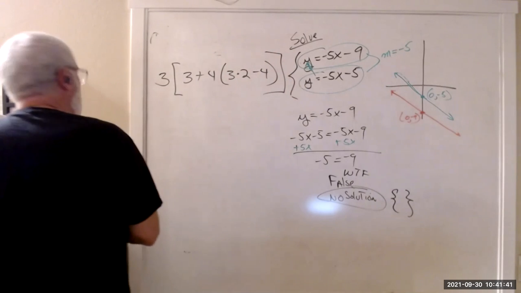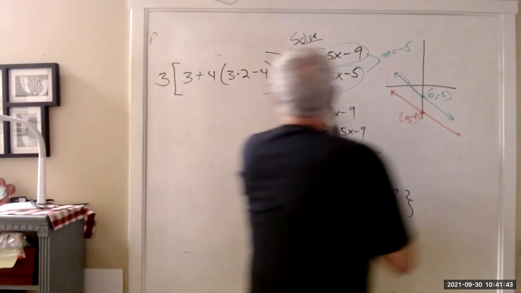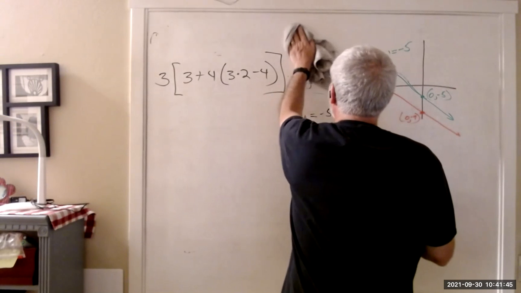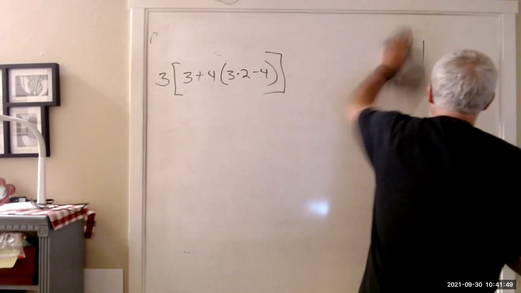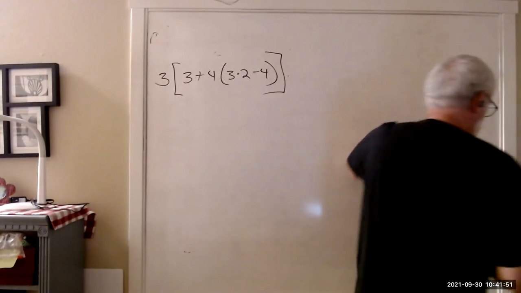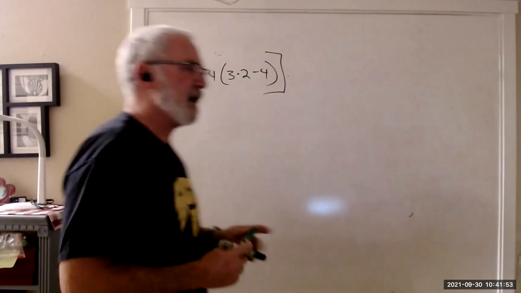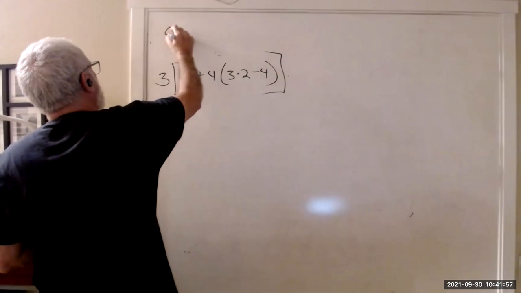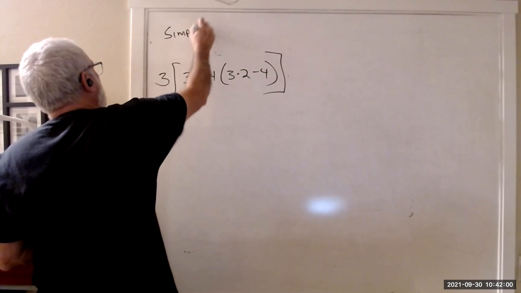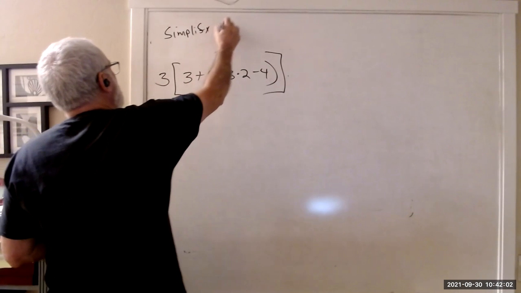Got it. Okay, this is just getting you to do arithmetic following PEMDAS. It's not an equation. You're not solving it, but you are simplifying it. There's a difference. Solving it means find x. You're simplifying it, and you're using PEMDAS.